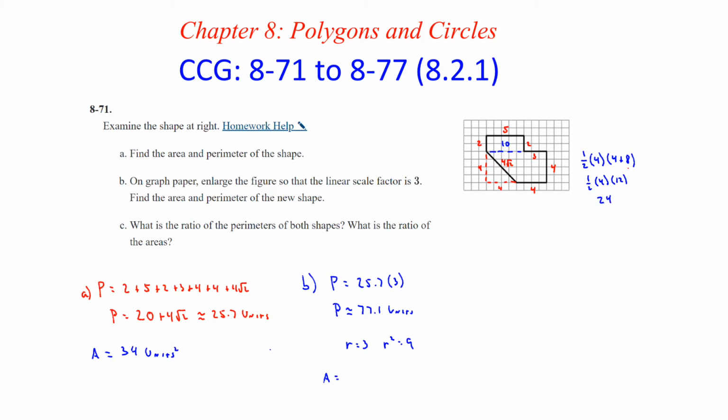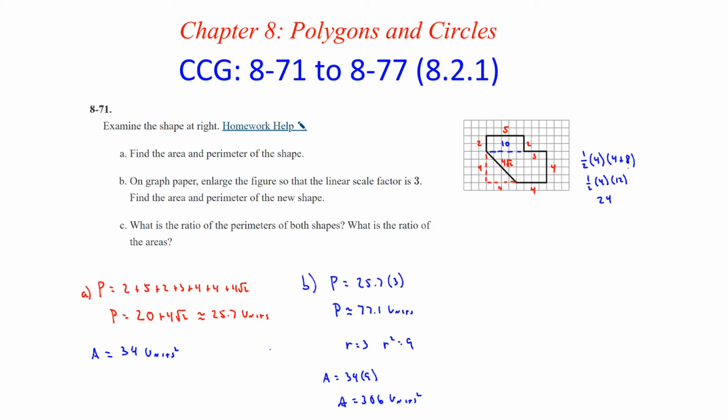The area of the original was 34, so we take that times 9, and we will get 306 units squared. Once again, I didn't create the enlarged figure, but you can do that. I just found the perimeter and the area using our linear scale factor, and also knowing that the area scales by the linear scale factor squared, or r squared.